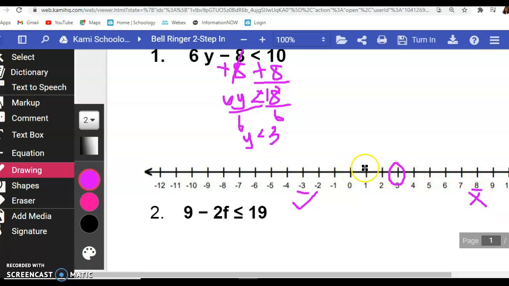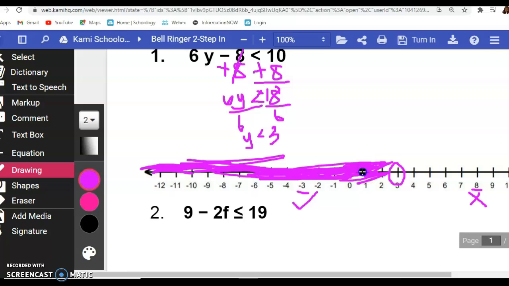No. So therefore we know that we're shading in this direction, because y can be any number on this graph that is less than 3. All of these numbers on this graph are less than 3. I'm even going to shade the arrow, because every number after that is less than 3 and can equal y.